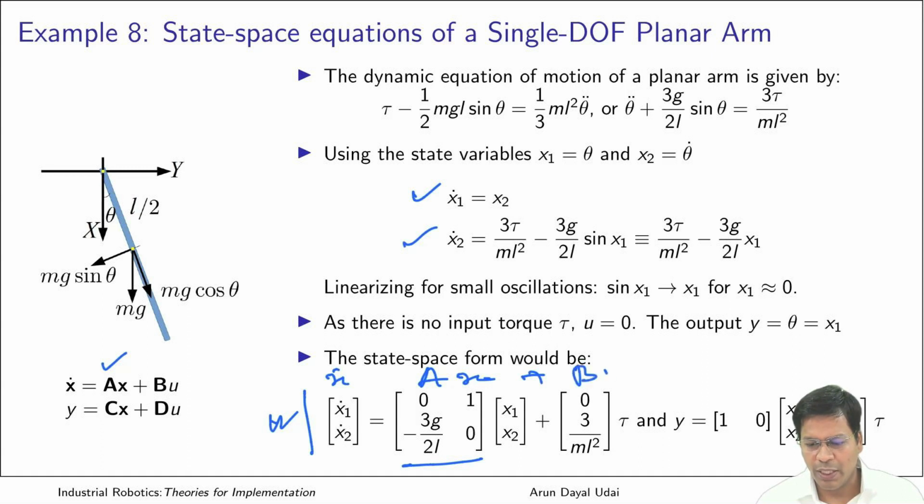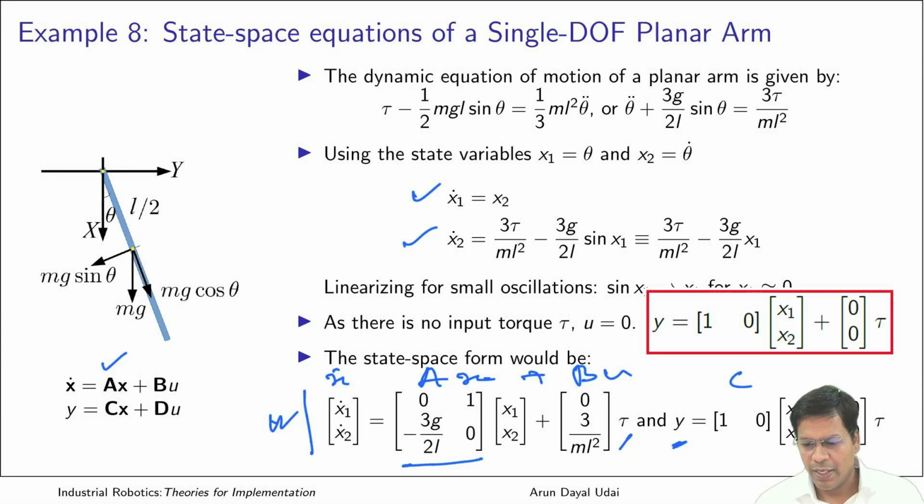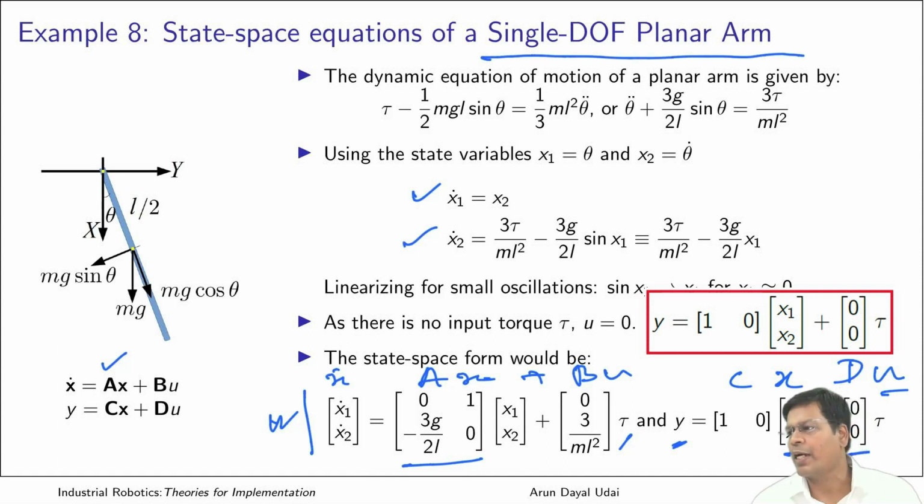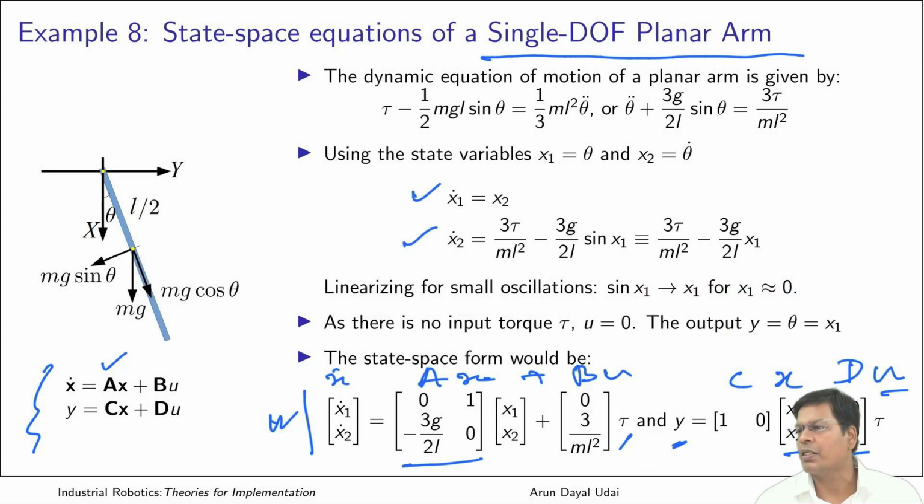So this is your B and u, that is the tau, which is the external torque which is acting. And again the output is y is equal to Cx plus Du, where u is again the input and there is no D. Got it? So this is how you have converted your single degree of freedom planar arm dynamic equation of motion to state space form. Now it is integrable, it can be analyzed, you can do anything with that.